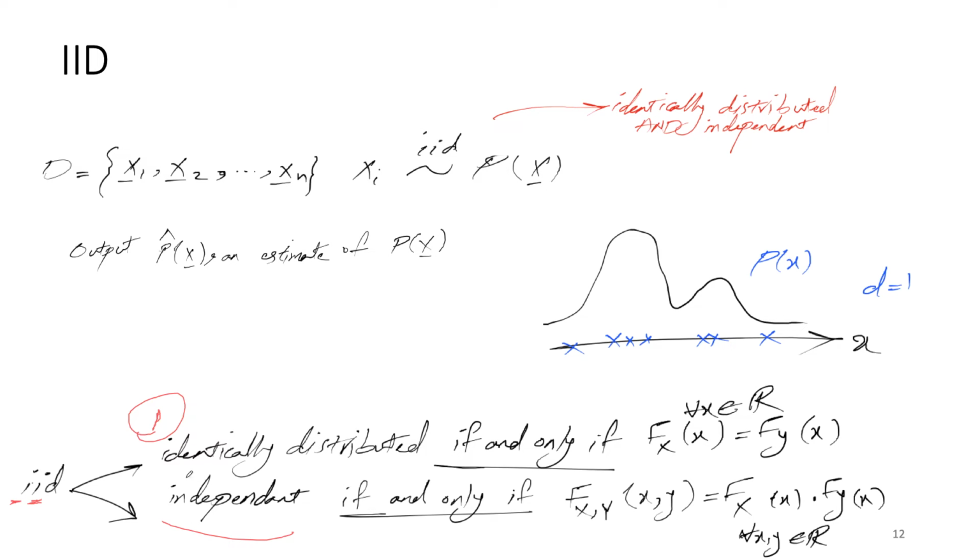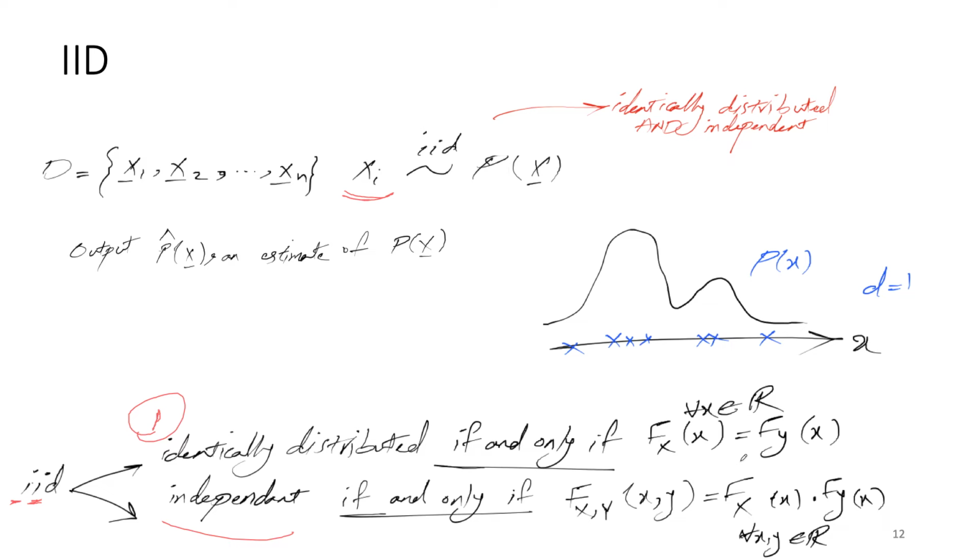So first of all, we call it identically distributed when all your x's are generated from this, if and only if you have f of x of x, for each of the x's in R space, equal to f of y of x.